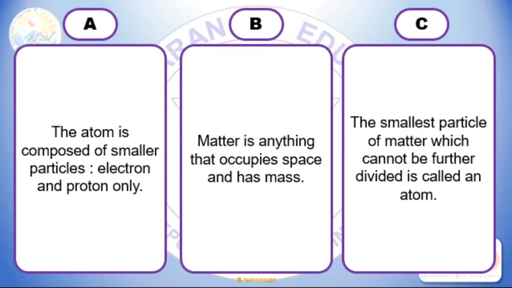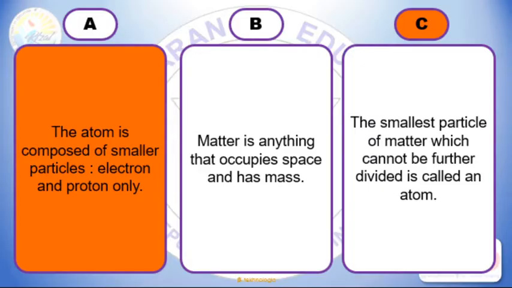Alright, the answer is letter A. It is because the atom is composed of smaller particles, electron, proton, and neutron.